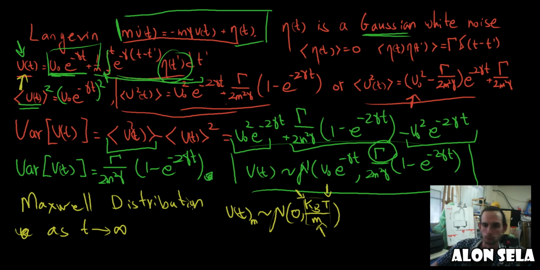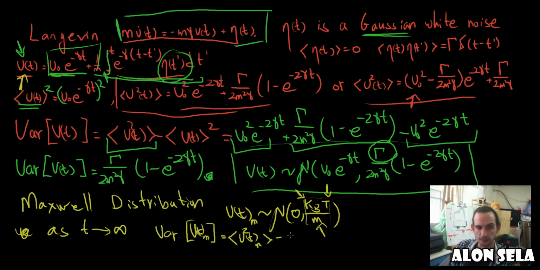So we are going to do the next thing. Note that because the expectation for the Maxwell distribution is 0, the variance of V_t^m for the Maxwell distribution is equal to the second moment, v squared t of Maxwell, minus the squared of the expectation.